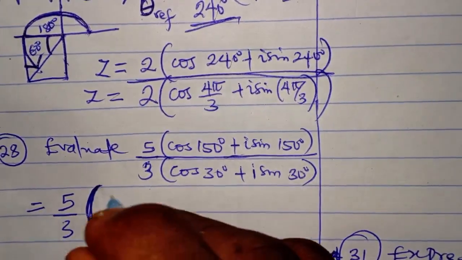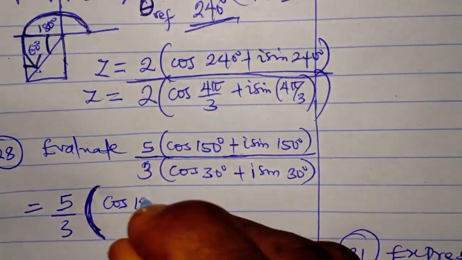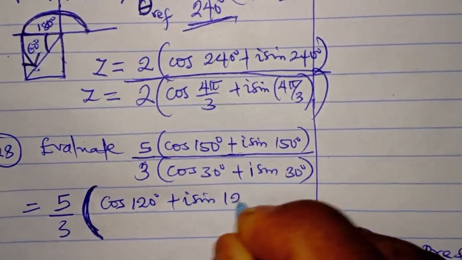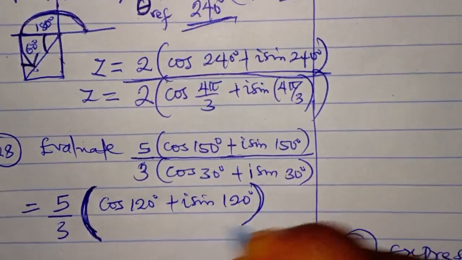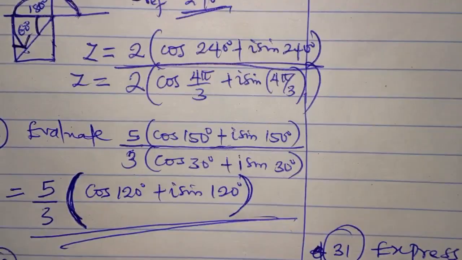So I'll be writing cos 150 minus 30 is 120. This is it. It's very easy. So first of all, we divide 5 by 3, then you now subtract the second argument, which is at the bottom, from the first one.